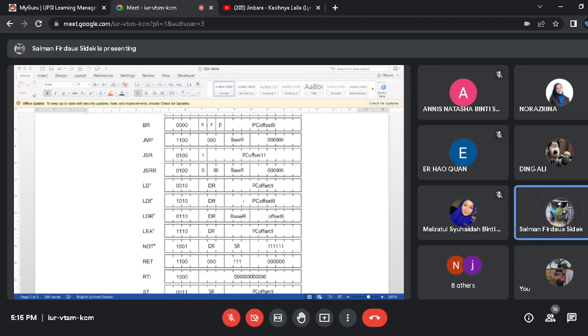So this instruction will take the content of that memory location. To calculate the address, we just add the offset 6 to the content of R3. Then take out the content from memory and send it, load it, to R2, to temporary.